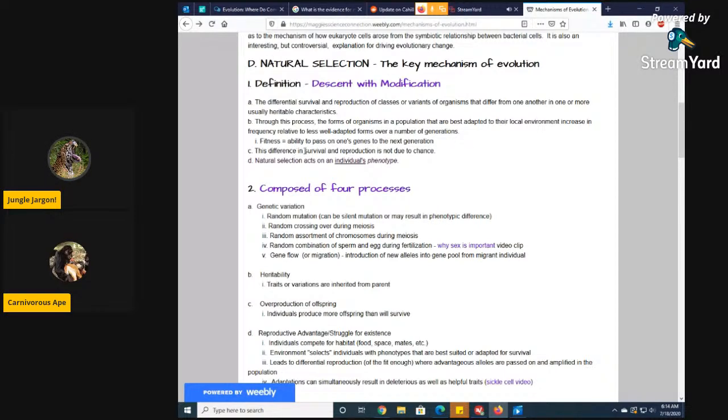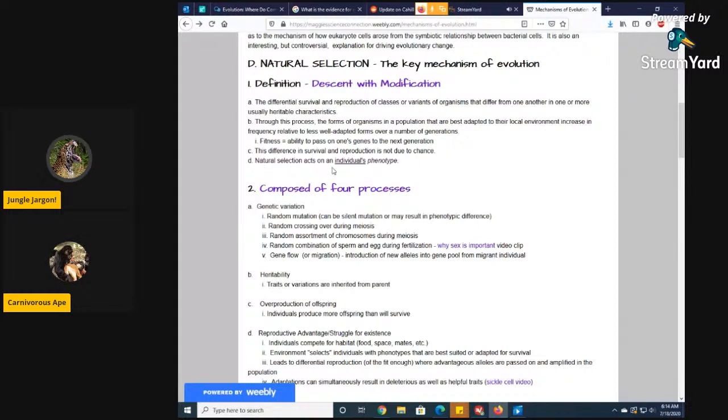Fitness equals the ability to pass on one's genes to the next generation. This difference in survival and reproduction is not due to chance. Okay, this difference in survival is not due to chance. It's due to the ability to pass on one's genes. Yes.